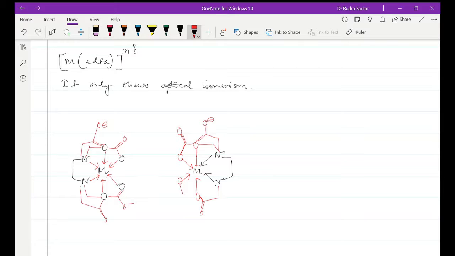And out here it will be the double bond connecting and the single bond O will be left. So that is how we have to maintain this parity. And then we will draw the mirror plane. So we will say for an EDTA complex, there will be two such optical isomers, and we will call them enantiomers.